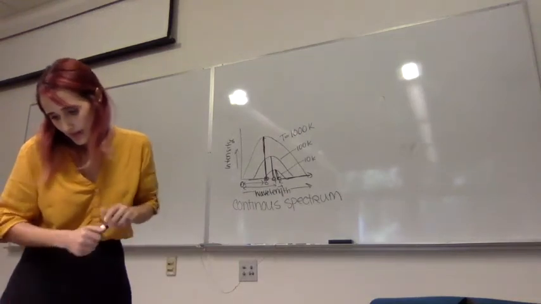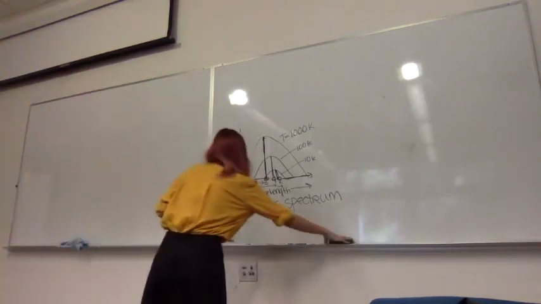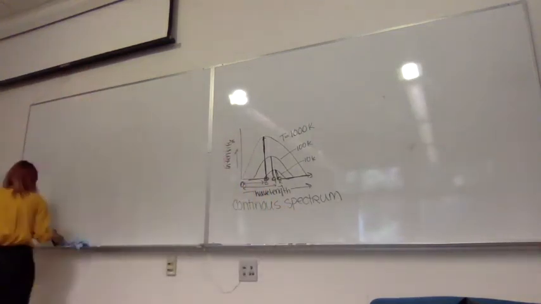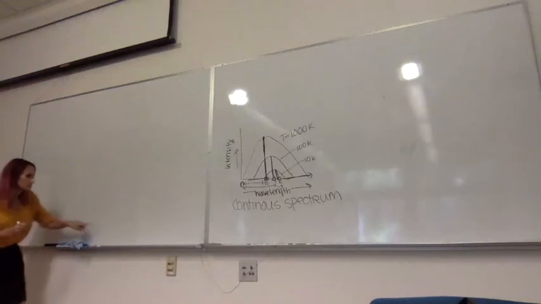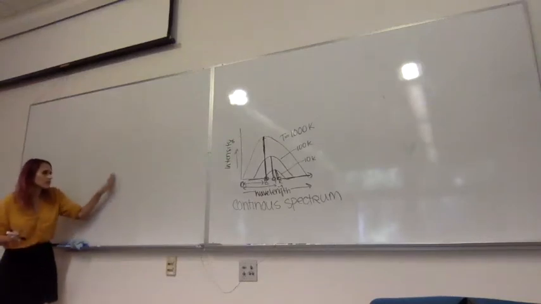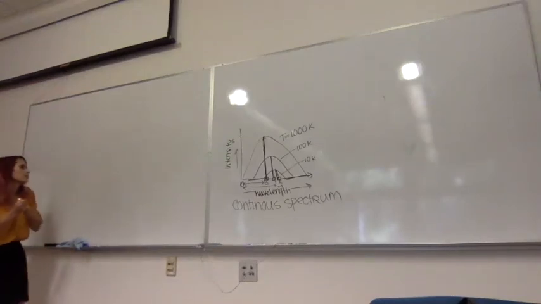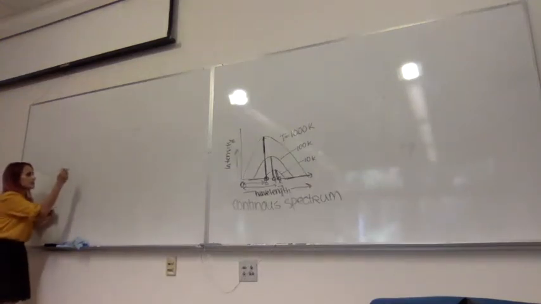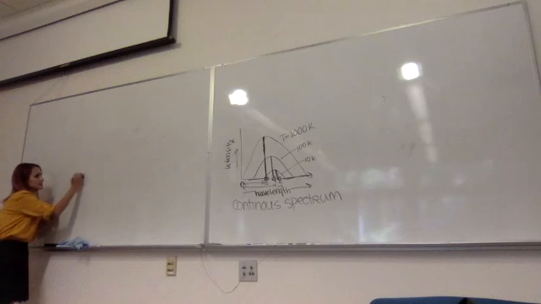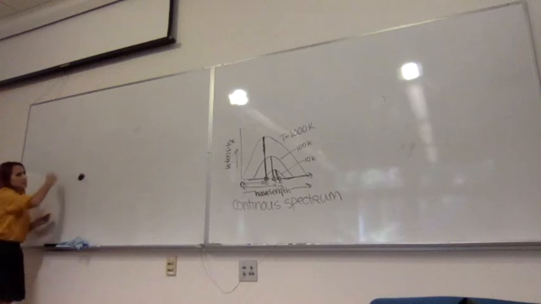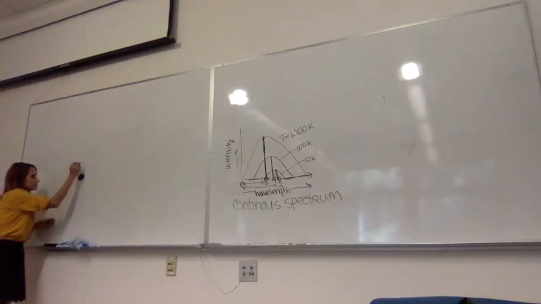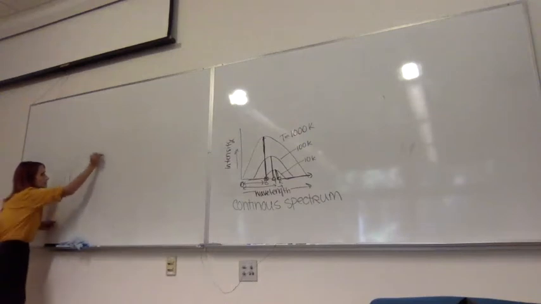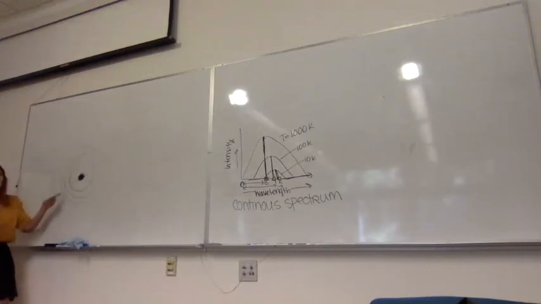Okay, so the last two were actually on emission line spectrum. So now we're going to talk about the other thing, which is hot gases. In an atom, you've got a nucleus in the center, and then you've got electrons going around. The electrons have these orbits, and they can only be in these very specific orbits.